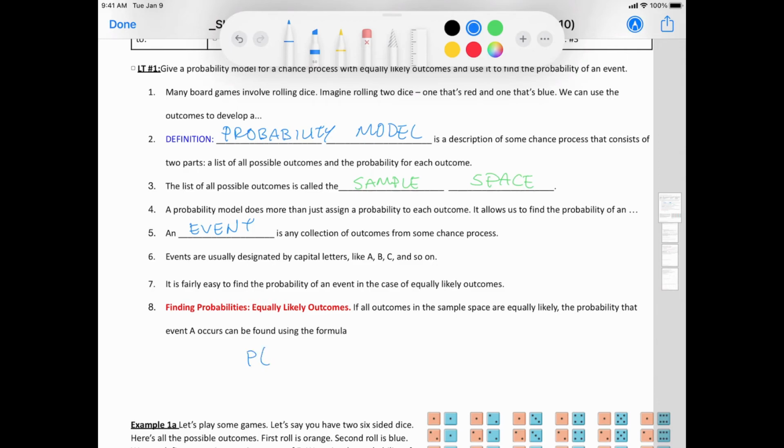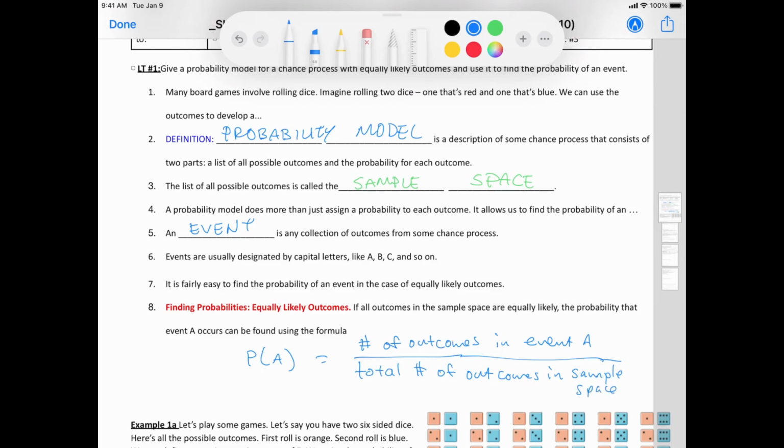The probability of event A equals the number of outcomes in event A, so that's in the numerator, all over the total number of outcomes in the sample space. Okay.